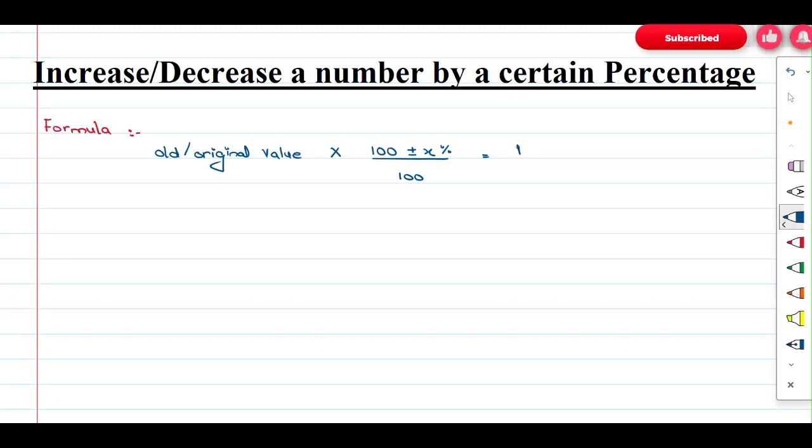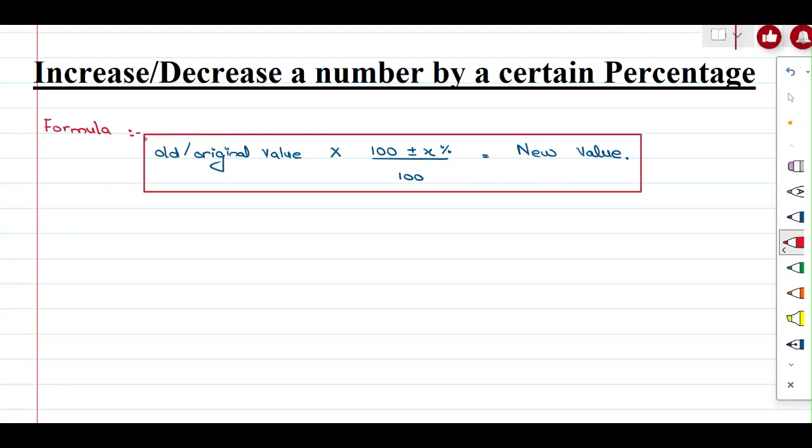That is your new value. This formula you have to use whenever you have to increase or decrease a number by a certain percentage. Now let me apply this formula on different questions and on word problems as well.